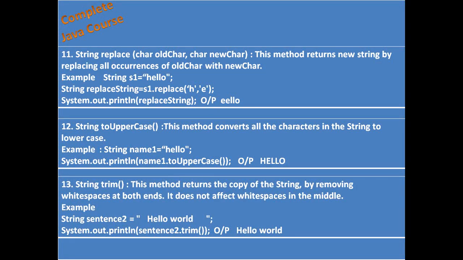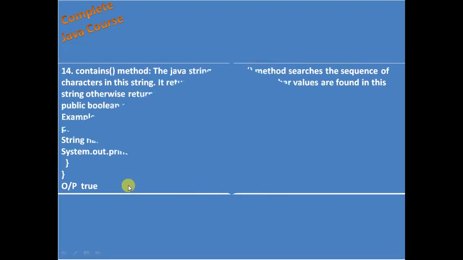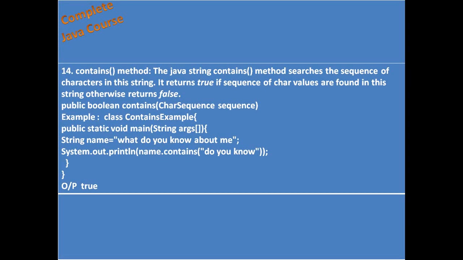We have discussed the trim method. Next method is contains method. The Java string contains method searches for a sequence of characters in the string. It returns true if the sequence of character values is found in this string, otherwise it returns false.